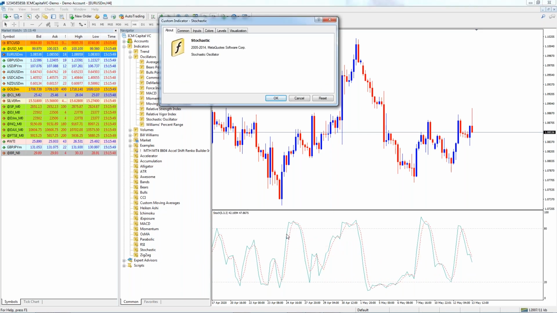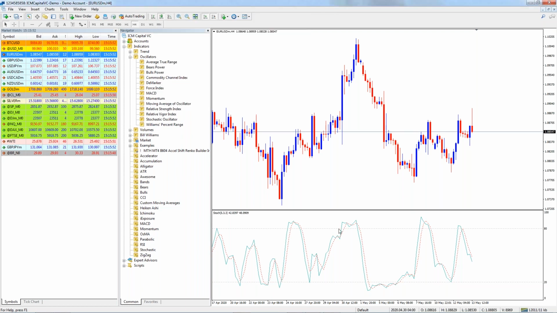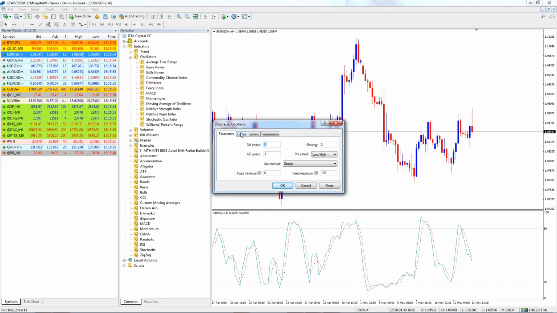Yeah, you can see here, if you click on that particular blue line, you can see exactly how you can differentiate the signal and the main, which are the K and D factors. You can also keep dark line colors to identify the divergences and crossovers, which will help you.